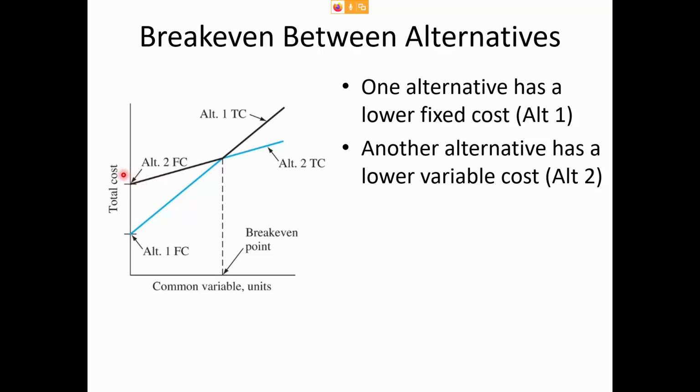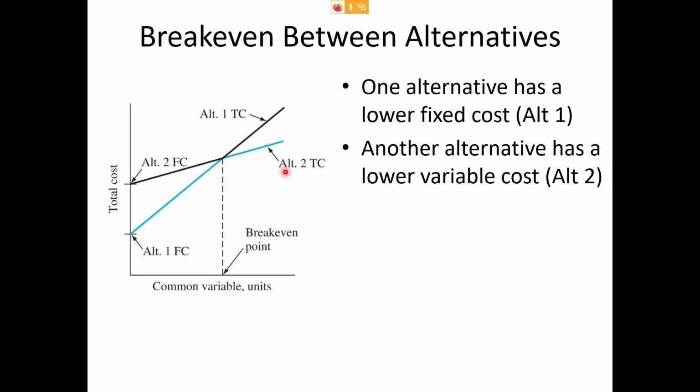So it costs a lot up front, but then for whatever reason, it doesn't cost as much to operate compared to alternative 1, where alternative 1 is cheaper to purchase up front, but then the cost per unit in operating it, because that line is steeper, is a greater cost per unit. So there's a point at which it's better to choose alternative 1 versus alternative 2.